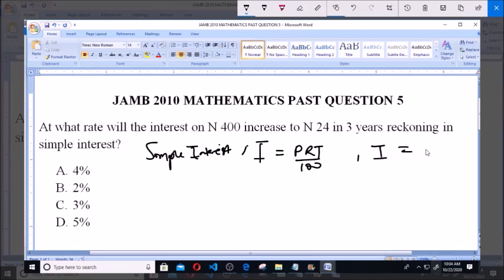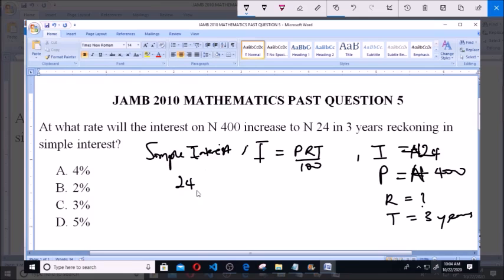So interest, simple interest, is 24 naira. The principal amount P is equals to 400 naira. Then the rates R is what you're looking for, which you don't know, and the time taken is what? 3 years. Now from this we can find what's our R.